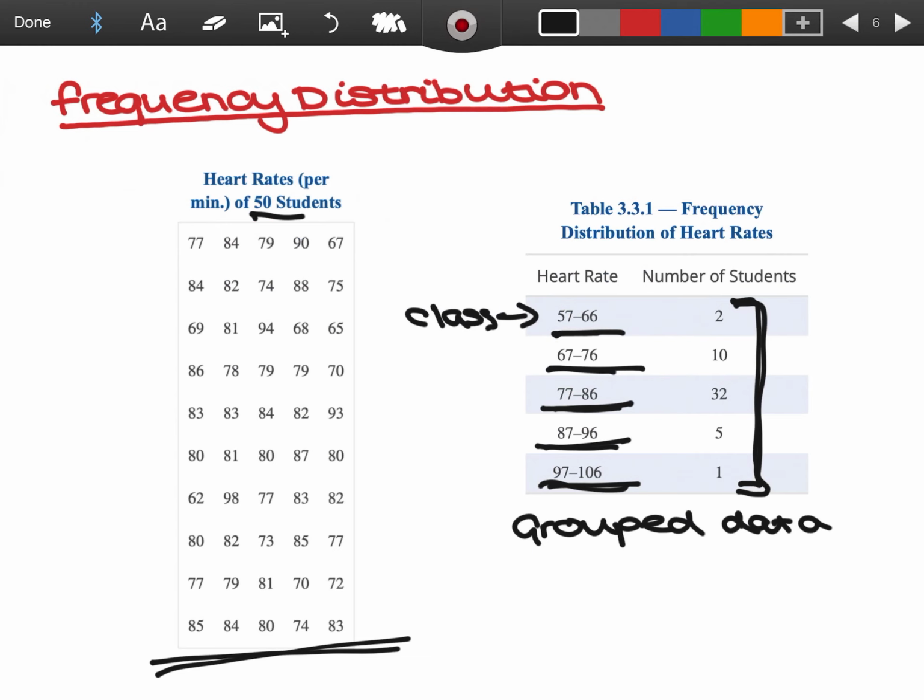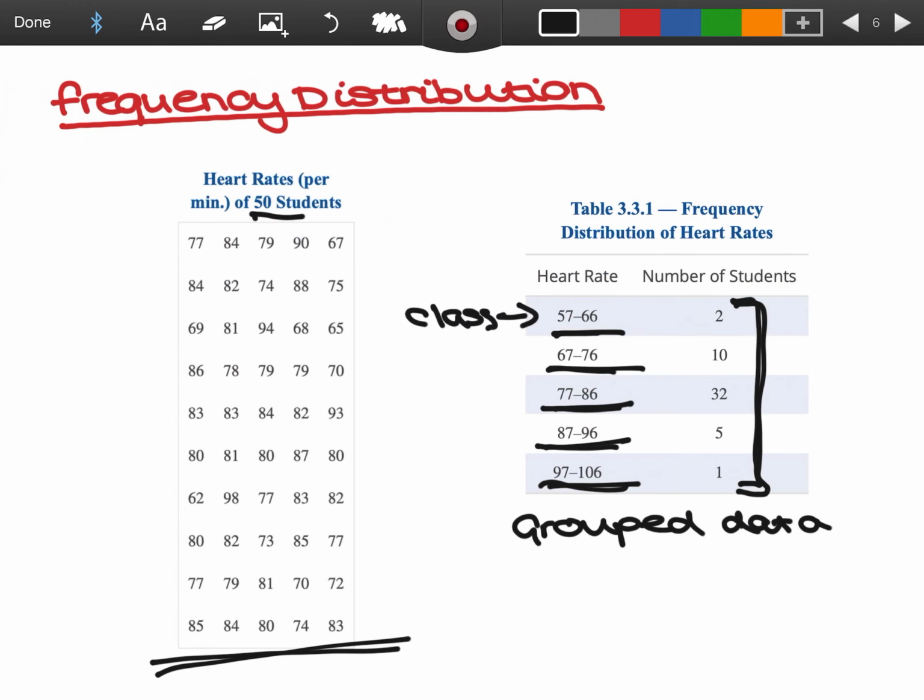Now, this is where a lot of people make a mistake, so make sure you pay attention to this. A width of a class, you would think, would be the maximum value in the class minus the minimum value in that class. So you would think for the first class it would be 66 minus 57. The problem is we haven't accounted for any decimal heart rates here.